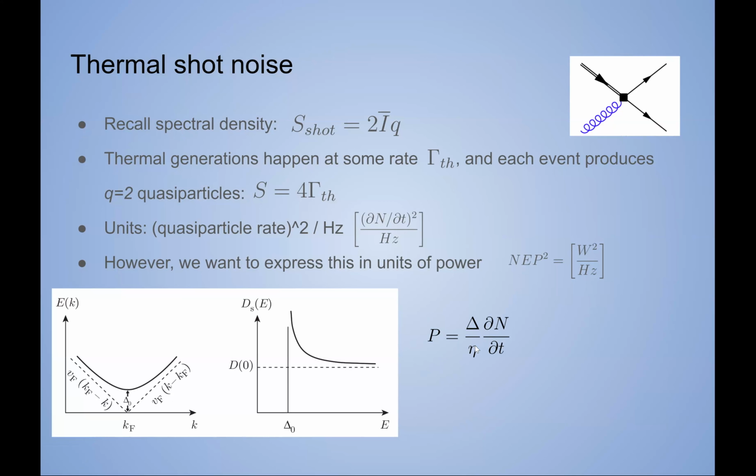If your energy is going into the inductor, it might leak out through some phonons escaping or something. So that's why that factor is there. And at the end of the day, our shot noise just gets multiplied by delta squared over eta squared. But basically, this is just proportional to the rate of thermal production.